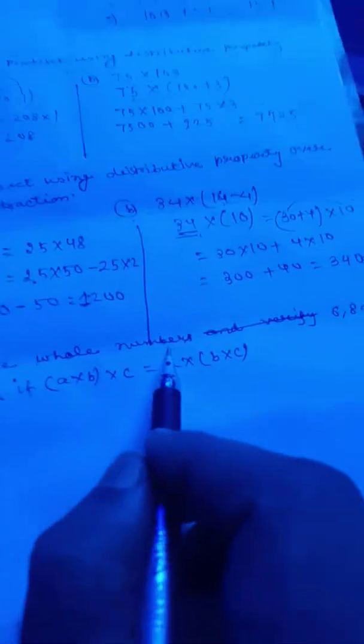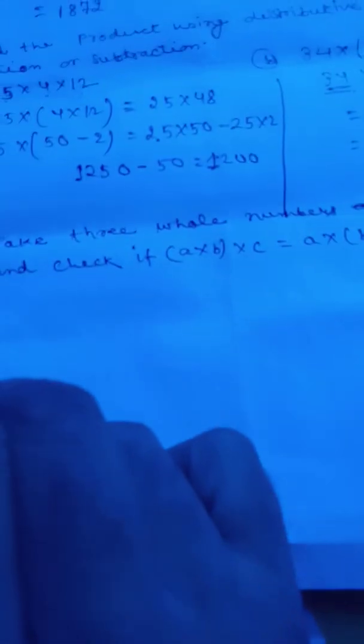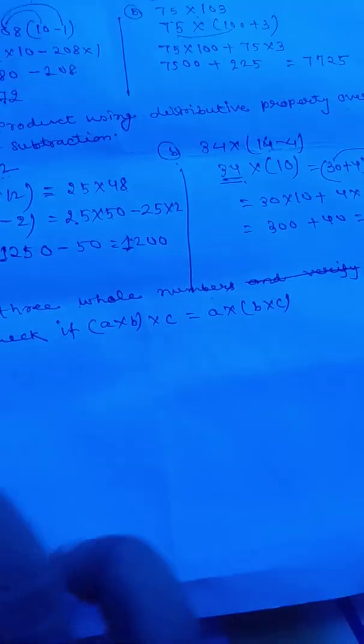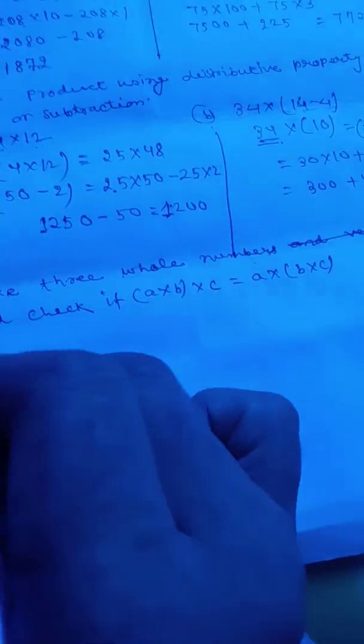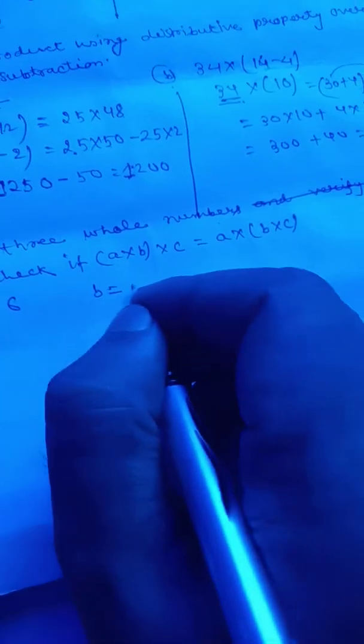Take 3 whole numbers 6, 8 and 4 and check if A into B into C is equal to A into B into C. Suppose here A is equal to 6, B is equal to 8, C is equal to 4.